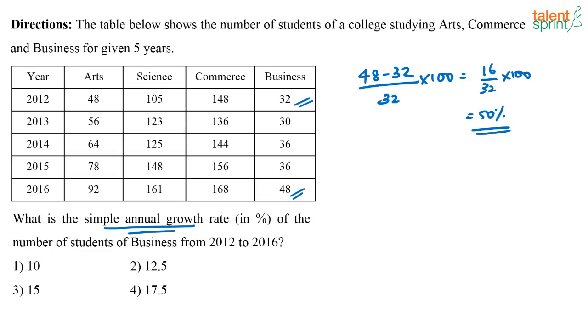Now annual growth rate means per year how much growth has happened, that is 50 divided by 4, which is equal to 12.5%. So these 4 periods, growth rate per period, that is the annual growth rate, is nothing but 50 divided by 4, which is equal to 12.5%.